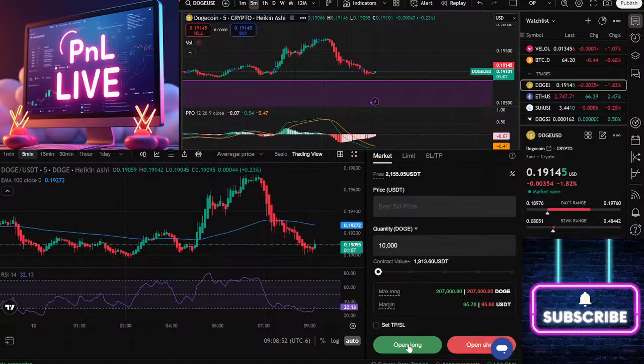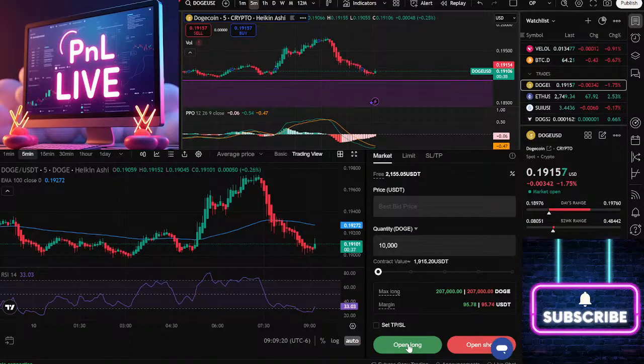The candle looks really good though. This is probably going to be the one. I don't really see this thing turning around. It'd be nice to get some serious volume in.